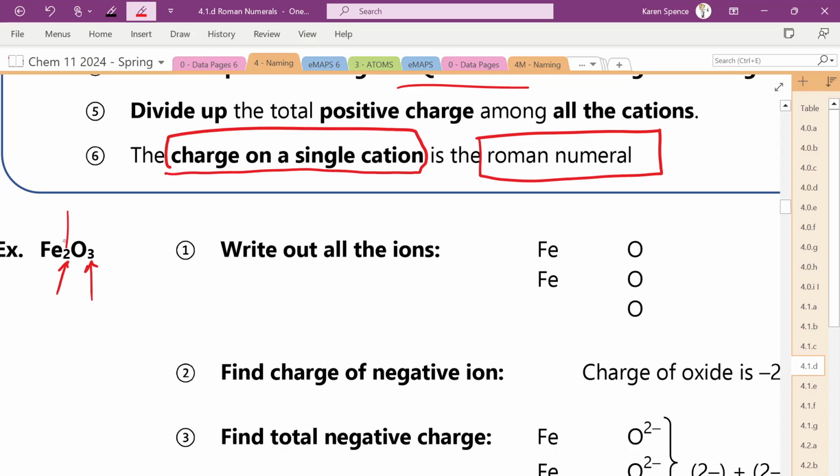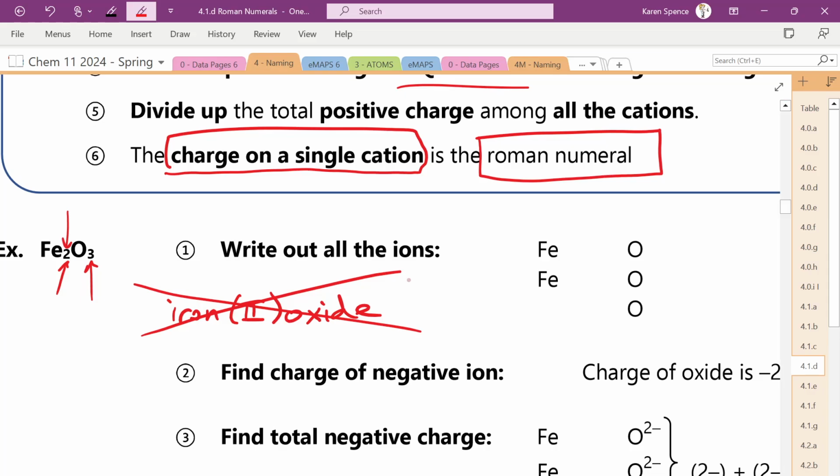They look and they say, oh, look, a 2, it must be iron 2 oxide. And that is wrong. The Roman numeral does not tell you the number of ions. What does it tell you? It tells you the charge on an ion.